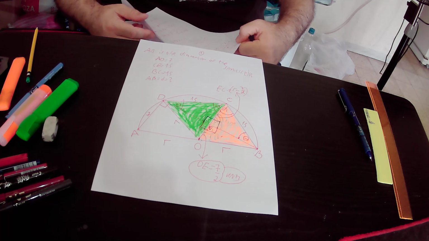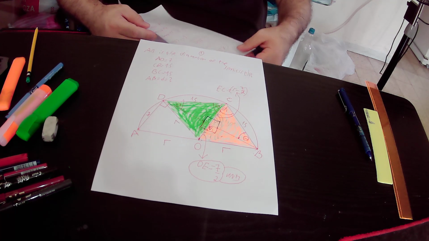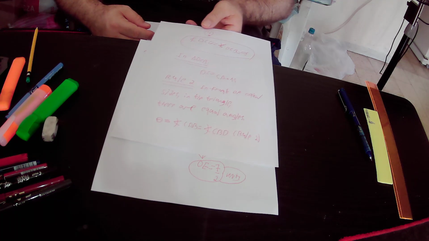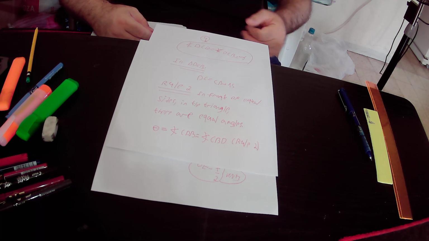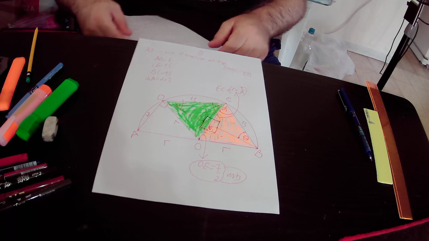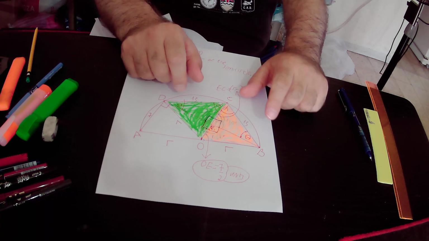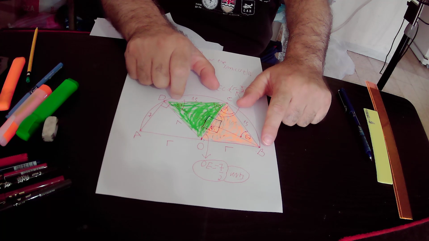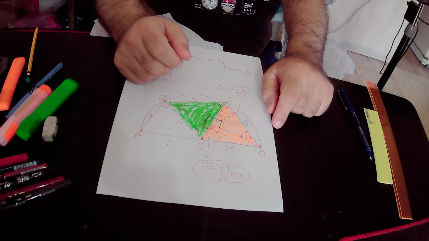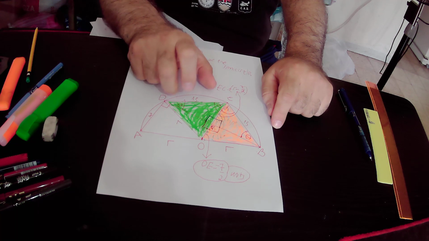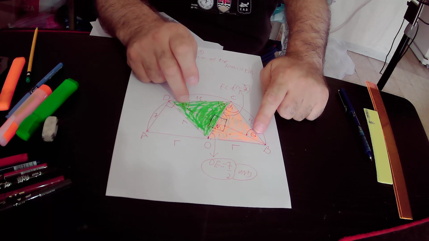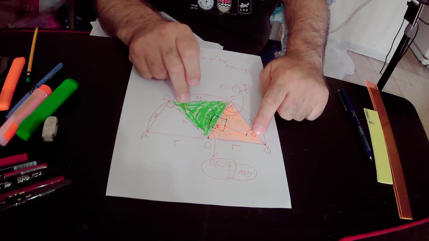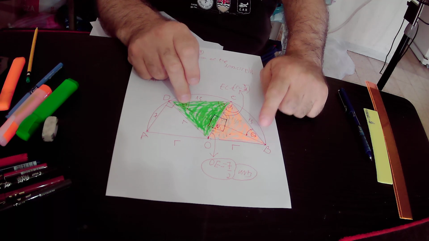And we have rule number 2 that says that in front of equal sides in the triangle there are equal angles. So actually in triangle DCB we have two sides that are equal to each other, and according to rule number 2, in front of this side we have this angle and in front of this side we have this angle. So according to rule number 2, those two angles are equal to each other.